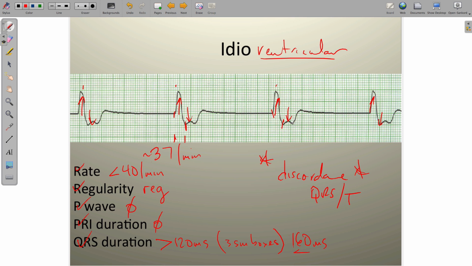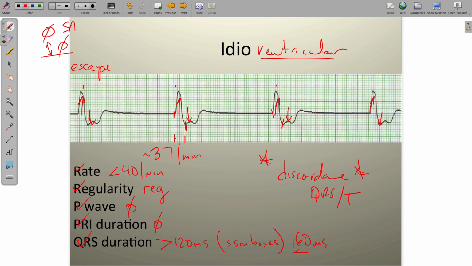All right, so we'll see idioventricular escape rhythms here in just a little while when we talk about heart blocks, but I'll just mention briefly, again, if we have an underlying rhythm that shows us no sinus activity, no AV junctional activity, but we do see ventricular activity as a result of the fact that these aren't working, then we call that an escape rhythm, meaning that the heart escapes to the next pacemaker site.